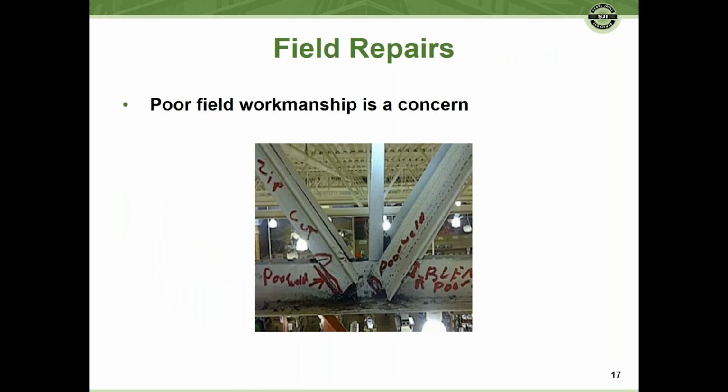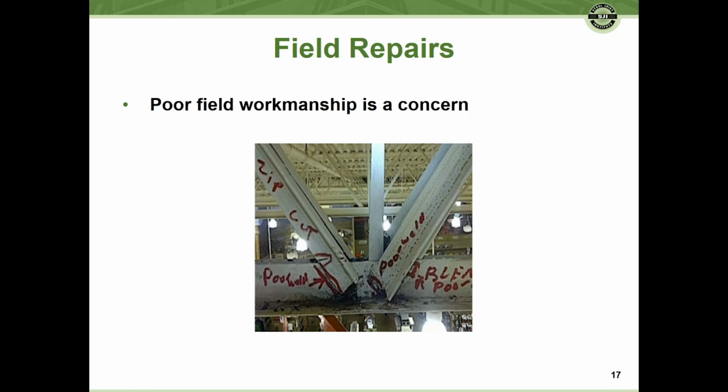I have a couple of slides here showing what a really bad repair is like, particularly by the field workman. I was sent these slides saying, now what do we do? As you can see, the inspector on the project marked these up pretty severely, saying this is just unacceptable workmanship.